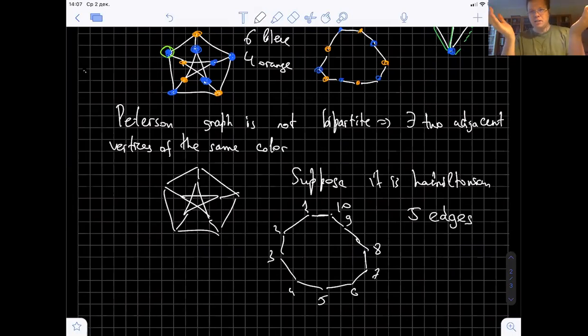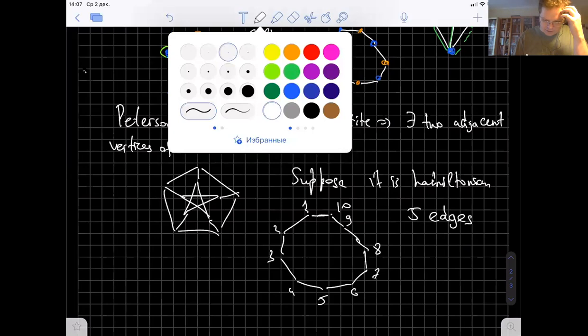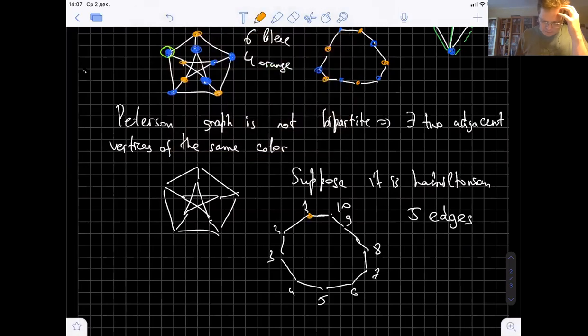So if I have a Hamiltonian cycle, I need to add five more edges that I have in my graph. I'll start from any vertex, for example, vertex number 1. Where can we put these 5 edges?